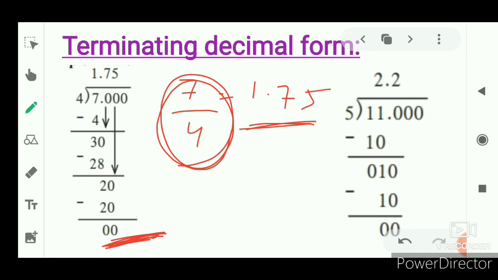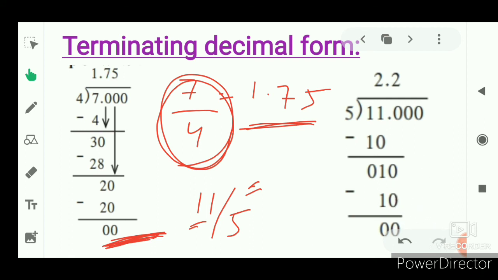Let's take one more example. If 11 by 5 is a given rational number and we have to find its decimal form, we just divide 11 by 5. Then after dividing 5 into 10, we will take 1 point, then 5 into 10.